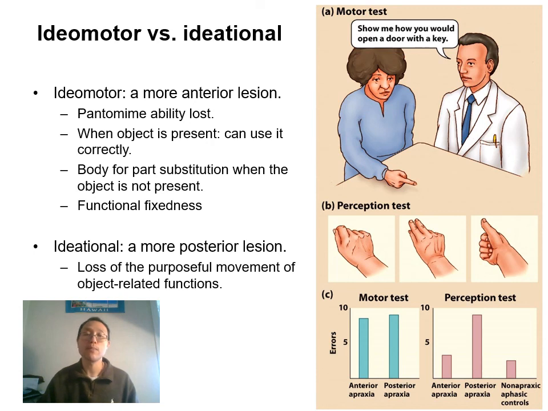This is something you see a lot: ideomotor patients use body part substitution when the object is not present. They would use the extension of their finger as the key, so to speak. They also have something called functional fixedness. If you tell them, use this pen and pretend it is a key, and tell me how you would use it to open the door, they will use it to write.